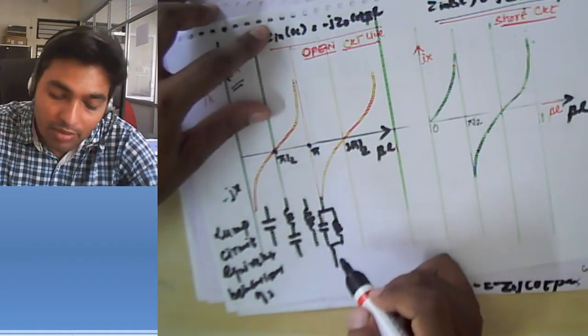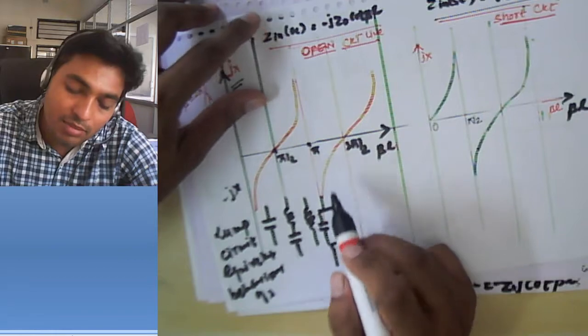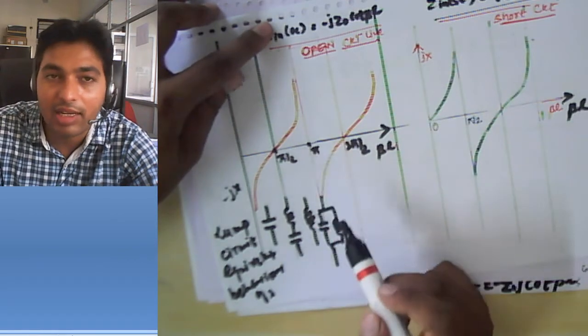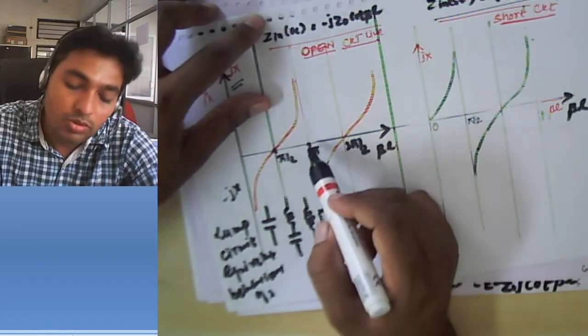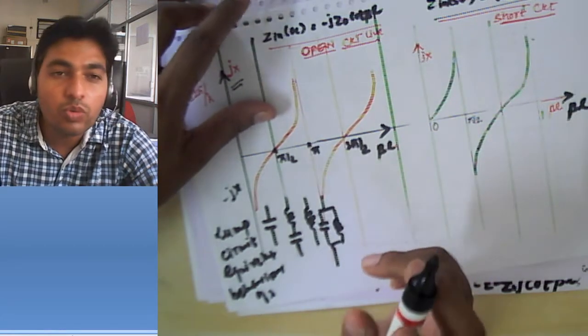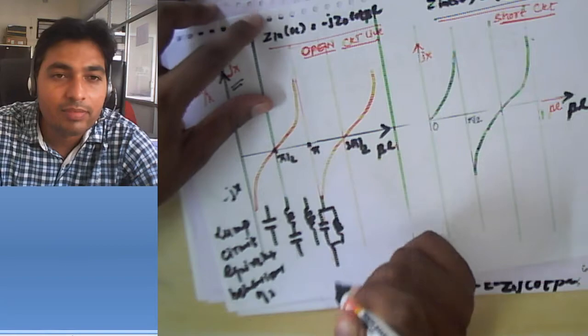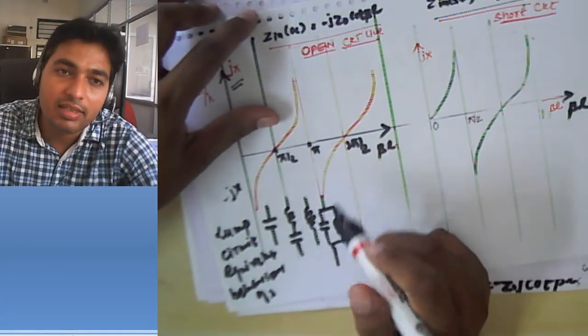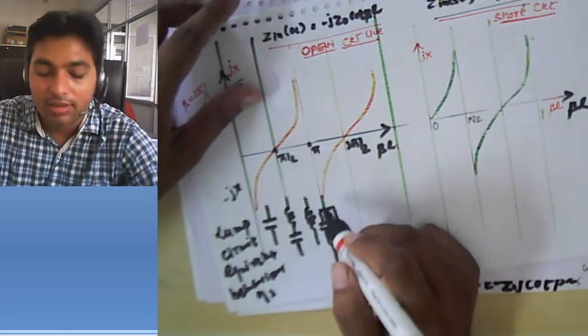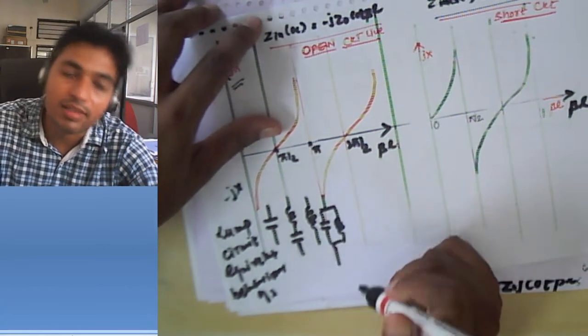So the lumped circuit equivalent behavior of the transmission line when the length is equal to lambda will be a parallel LC circuit. It will be a resonating parallel LC circuit.